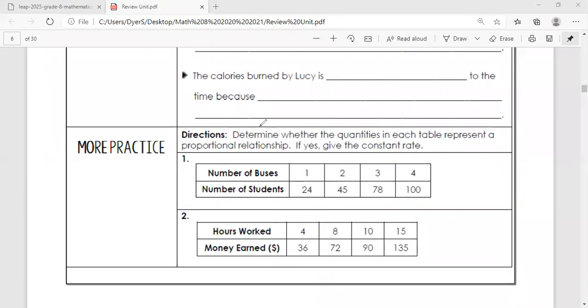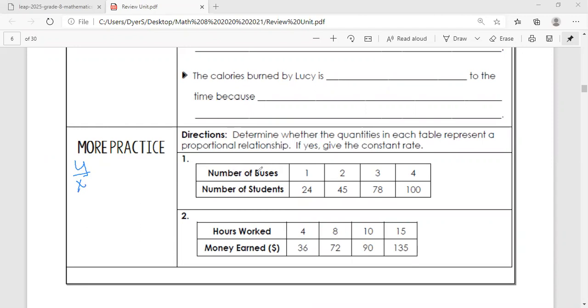Okay, so determine whether the quantities in each table represent a proportional relationship. If yes, give the constant rate. Okay, remember we said that it is going to be y divided by x, okay? So the buses hold a finite number of people.